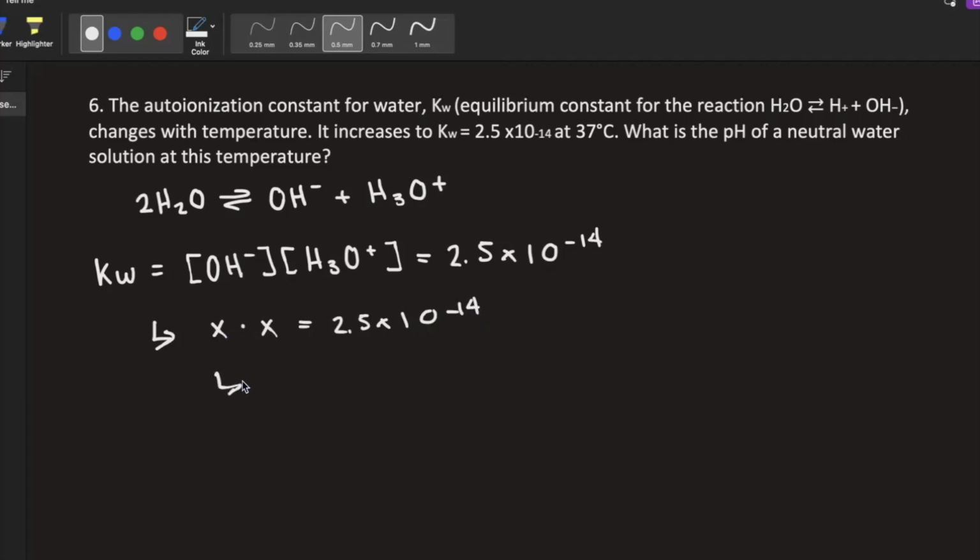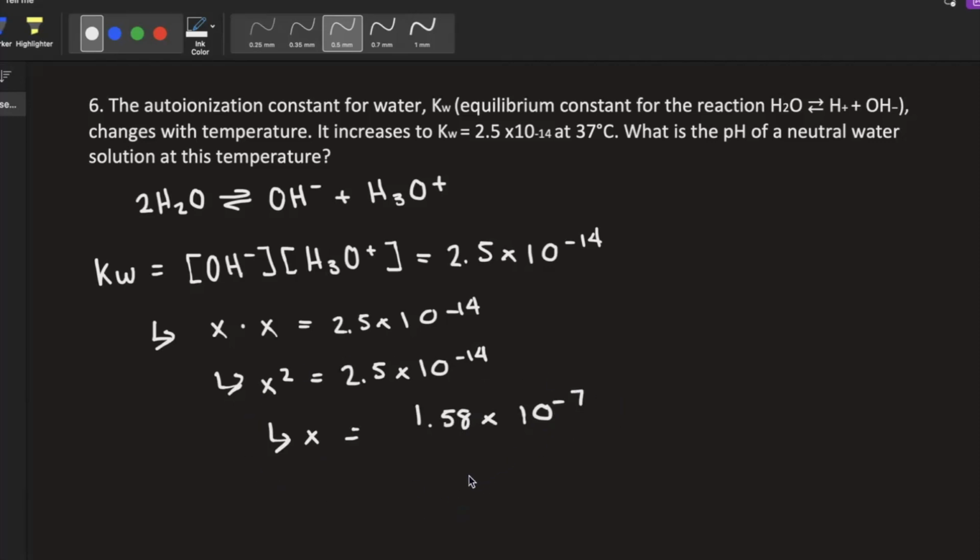You can reduce this equation into saying X squared equals 2.5 times 10 to the negative 14th. By punching that into the calculator, the square root of 2.5 times 10 to the negative 14th is going to give us X equals 1.58 times 10 to the negative 7.